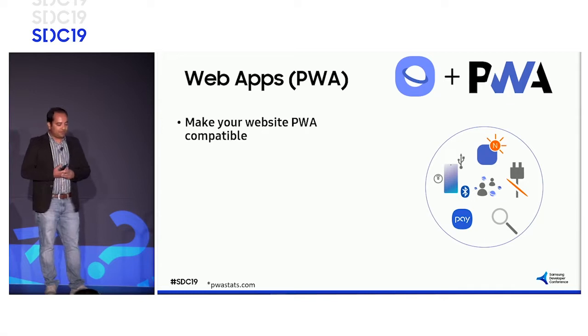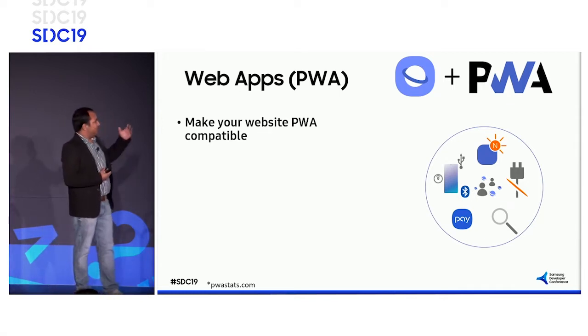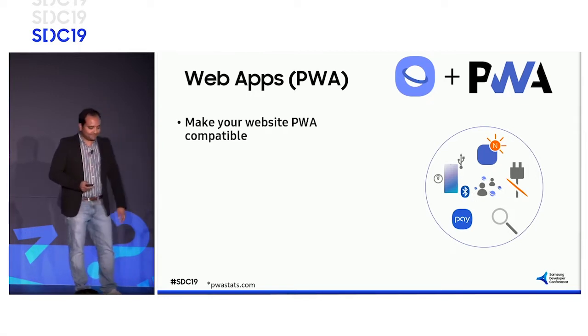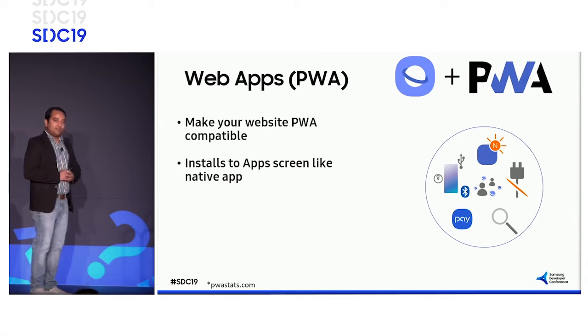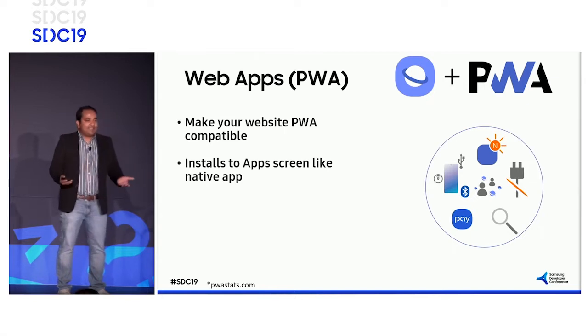So first step, in order to become discoverable on Internet, we really strongly suggest you make your website or your web service PWA compatible. Once your website is PWA compatible, it installs like a native app on the app screen, like you would install any native app on the phone.